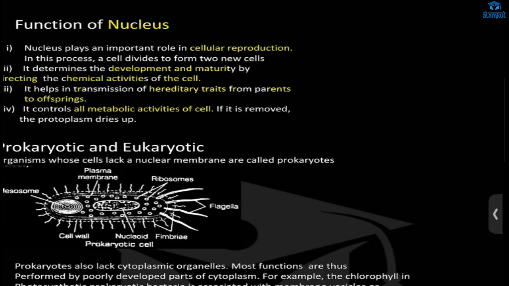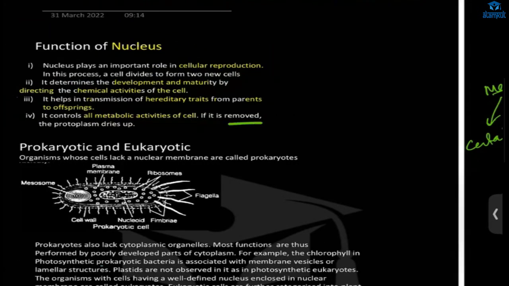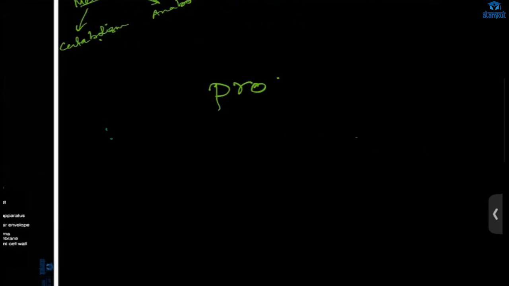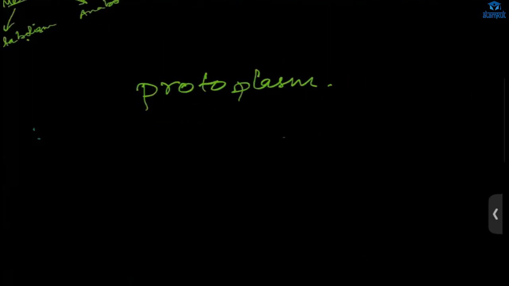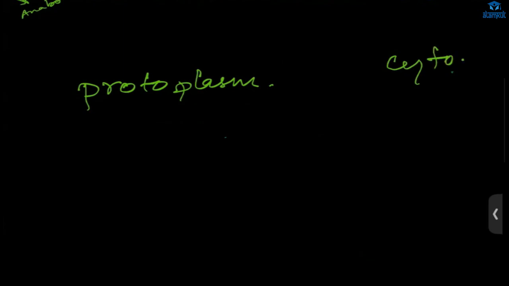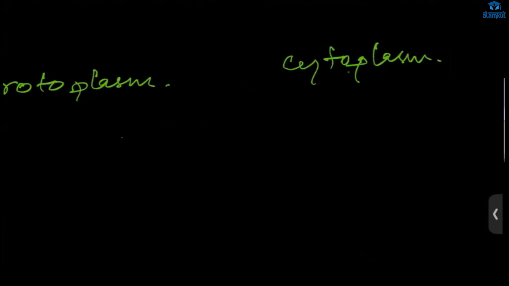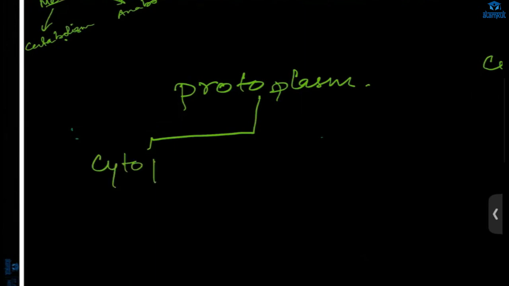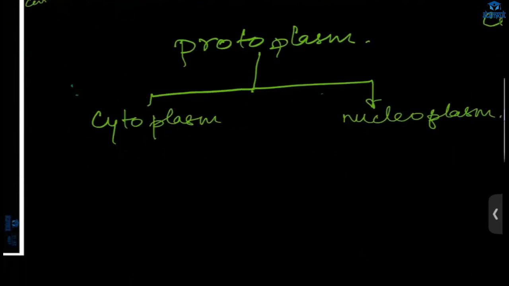If the nucleus is removed, the protoplasm will dry up. Now tell me, what is protoplasm? The protoplasm is the living component of the cell. Then what is cytoplasm? The cytoplasm is only the fluid contained inside the cell, where all the other organelles are situated, whereas the protoplasm is the entirety of the living part of the cell. So protoplasm is cytoplasm plus nucleoplasm.